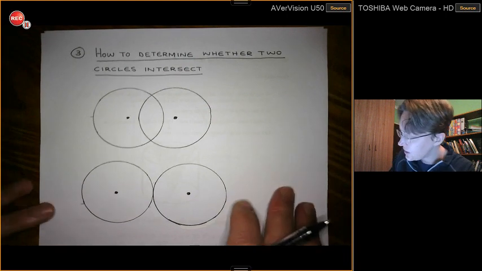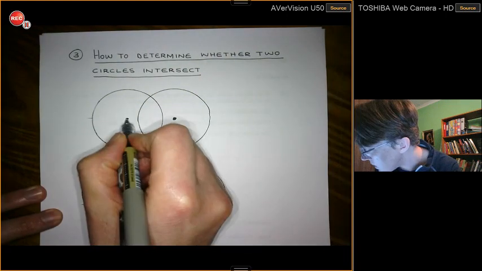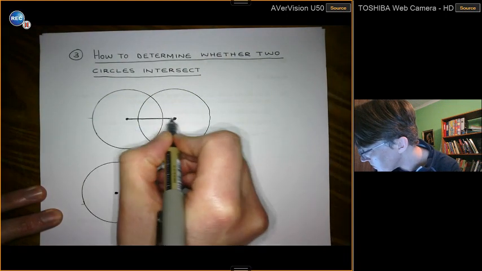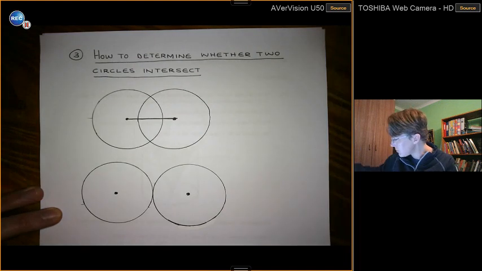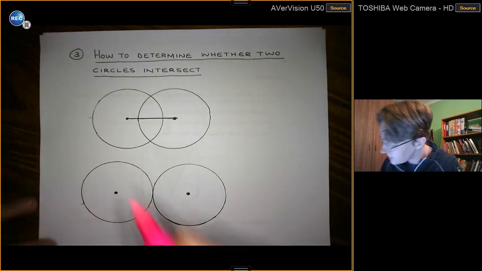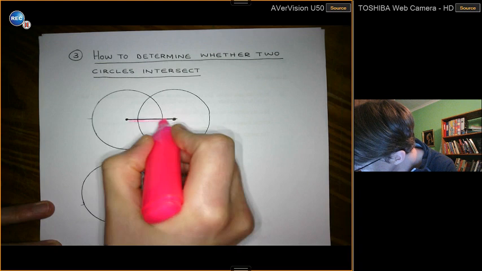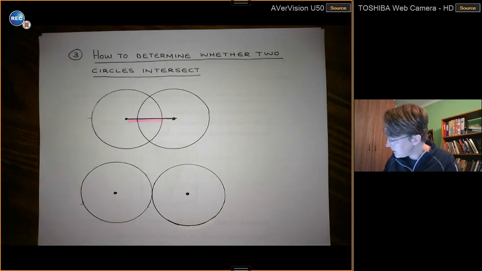So what you need to see is the following. If I draw a straight line between the 2 centers of the circle, then obviously the first circle's radius will be located from there to there, and the second circle's radius will be located from there to there.